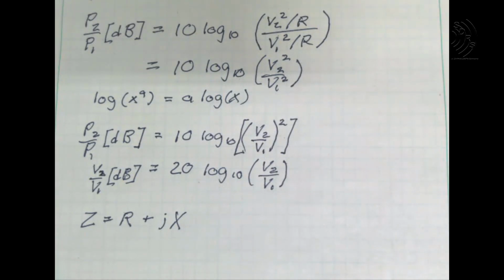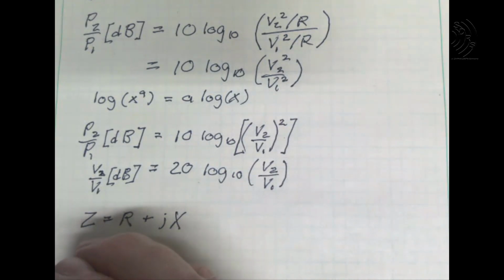And in the above derivation, we assume that X, or the reactance, the imaginary component, is very small, and in this case Z is approximately equal to R, and the reactance term can be neglected.